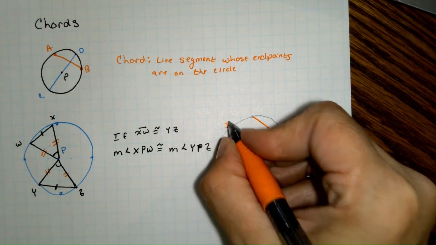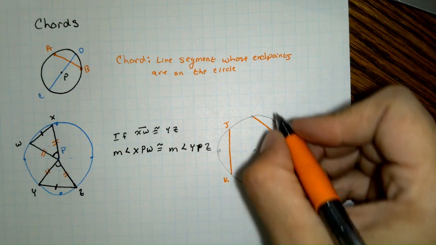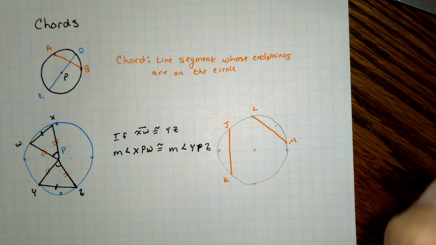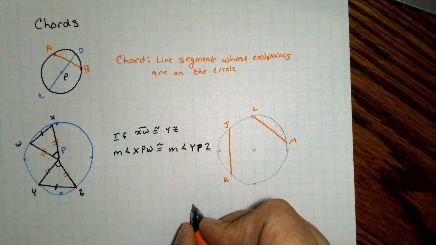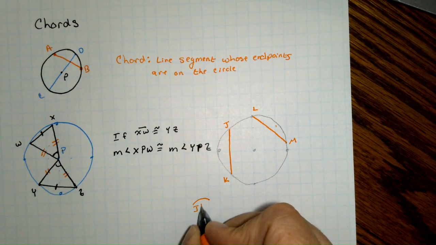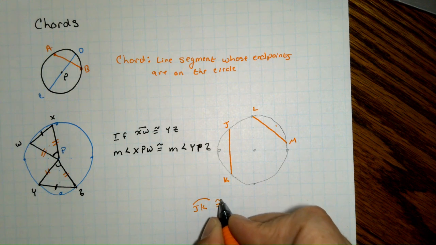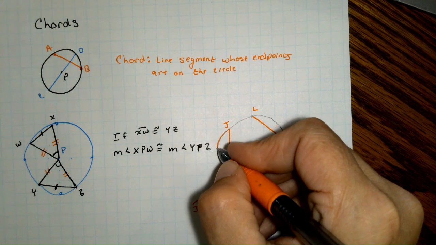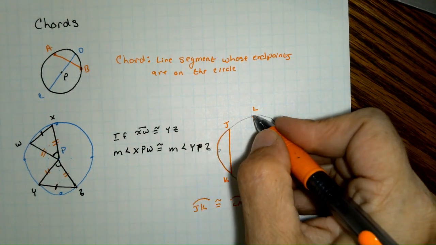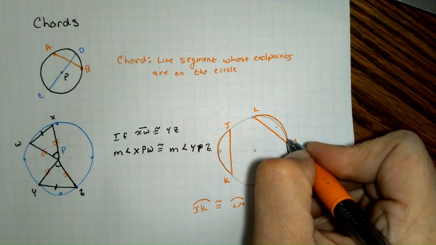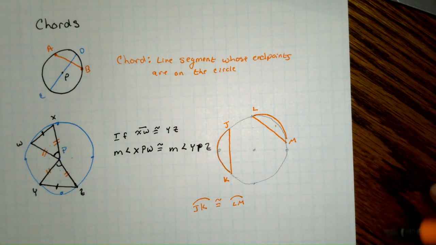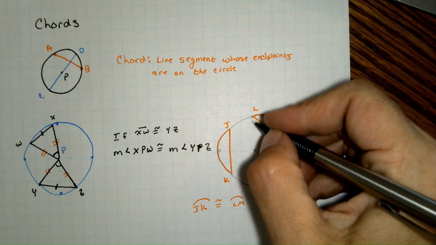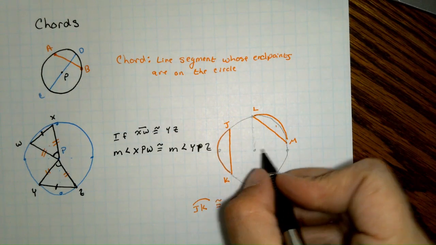And I'm going to call this J, this K, this L, and this M. Okay. So if arc JK is congruent to arc LM. So I'm saying this is the same size as this. Remember, technically, we have the radiuses here.